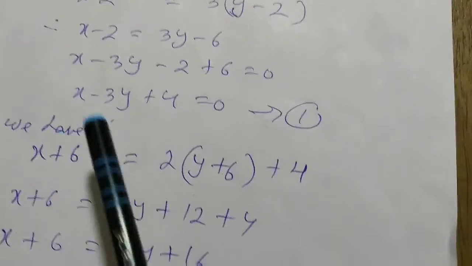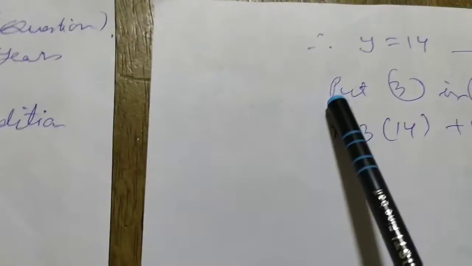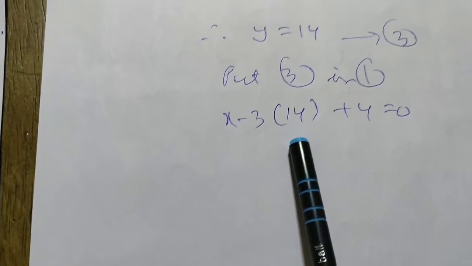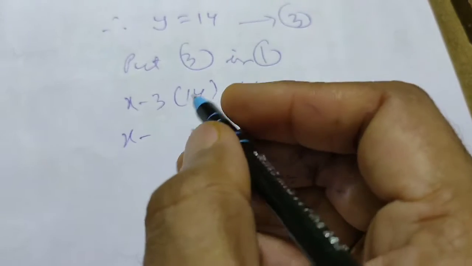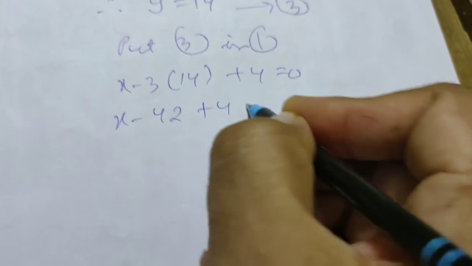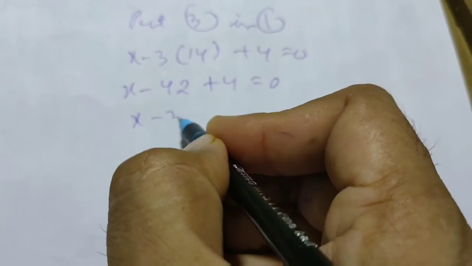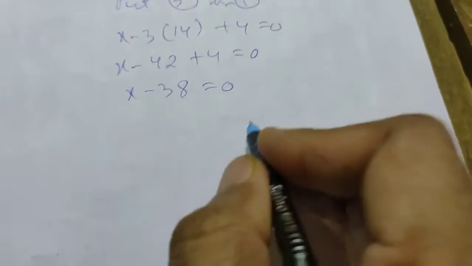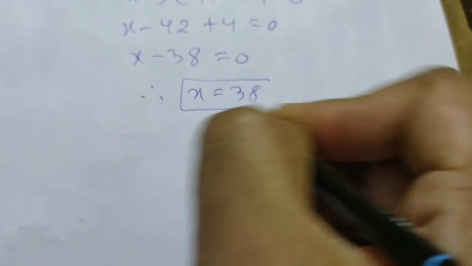So x minus 3 into 14 plus 4 equal to 0. 3 into 14 is 42. x minus 42 plus 4 equal to 0. So this will give you x minus 38 equal to 0. Therefore x equal to 38.